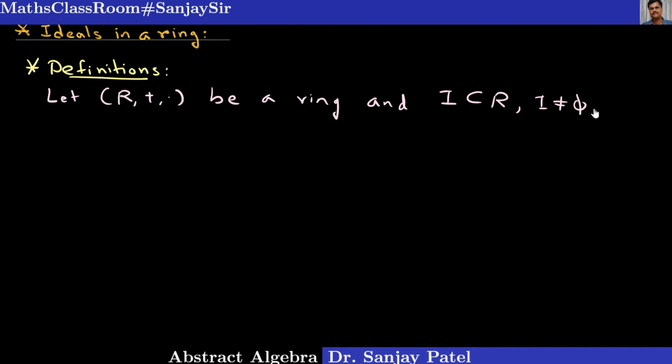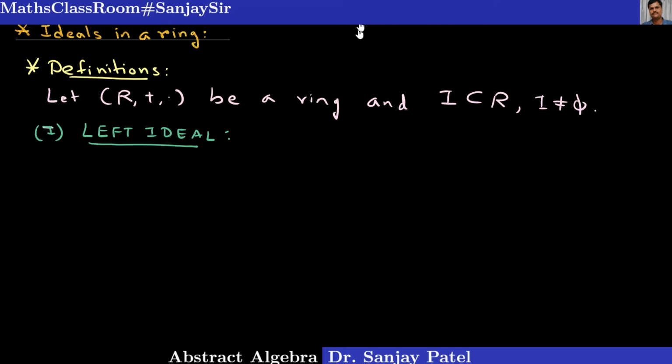So I is any non-empty subset of R. Then we define three things. The first one is called the definition of left ideal. So we define three things here: left ideal, right ideal, and then finally ideal.